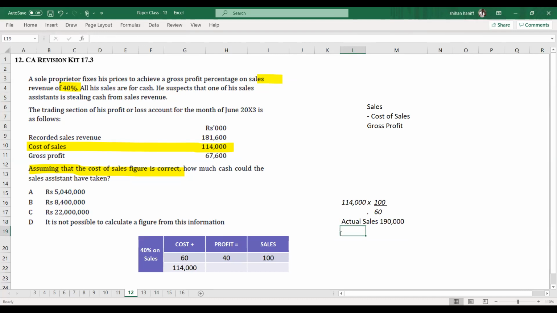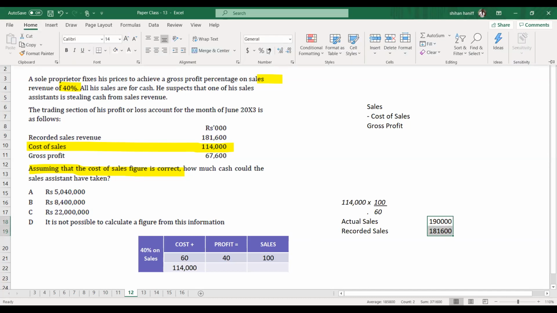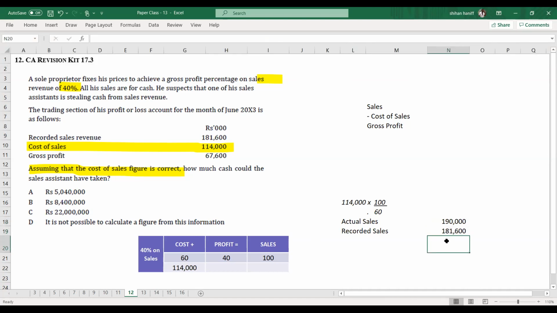Actual sales is 190,000. Recorded sales 181,600. That means the sales assistant has taken money from the business. How much has he taken?